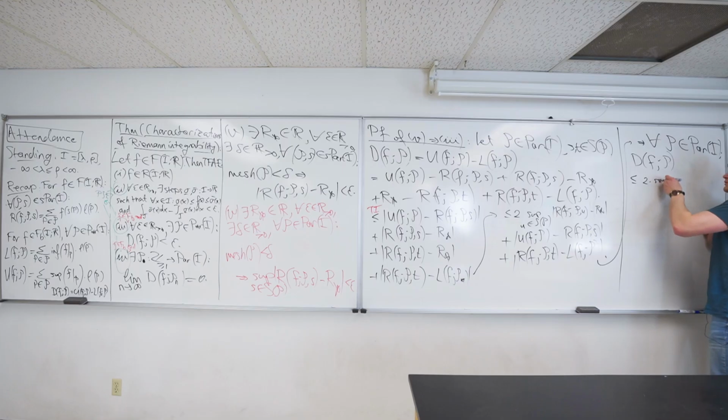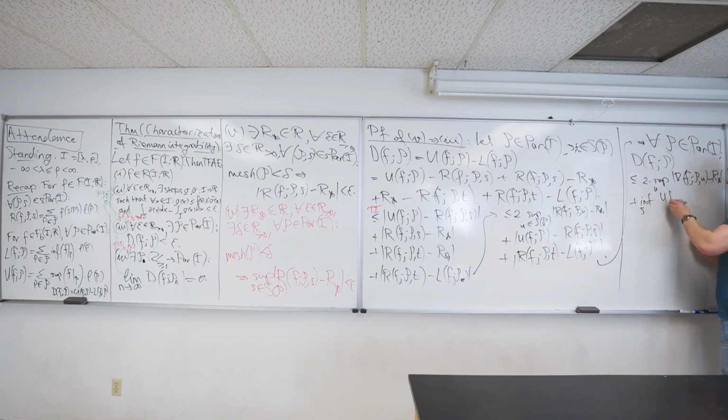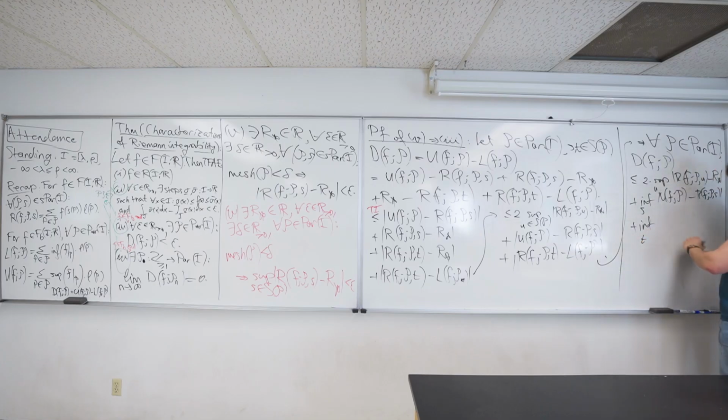So twice the sup over u's of U minus R star, plus the inf over all s's, plus the inf over all t's.